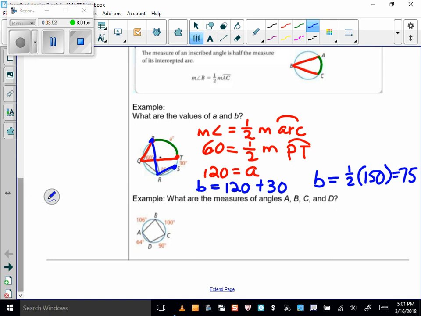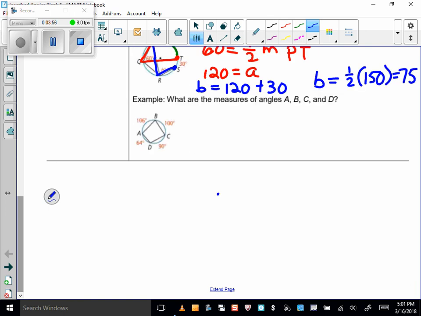Okay, one more. What are the measures of A, B? So all these angles. Let's start with A, and see what the measure of the arc is that A intercepts. The measure of angle A is going to be 1/2 of the intercepted arc. The intercepted arc is 190, so that's going to be 95 degrees, right?